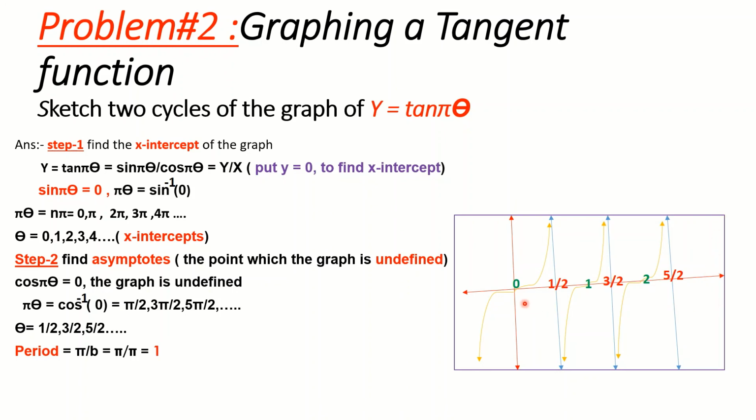But these blue lines show the asymptotes, because 1 over 2, 3 over 2, 5 over 2 are asymptotes. Then the yellow line, which is always drawn like this, is the graph of y equals tan pi theta.